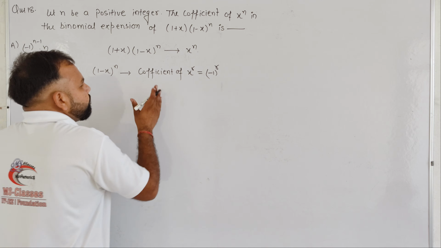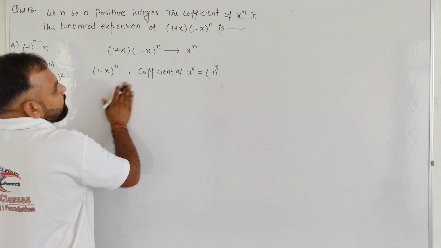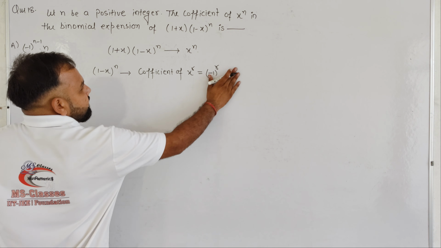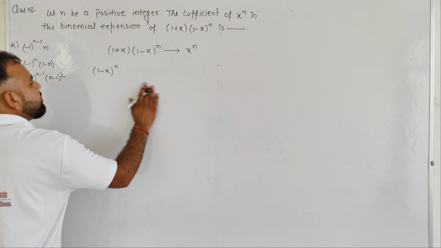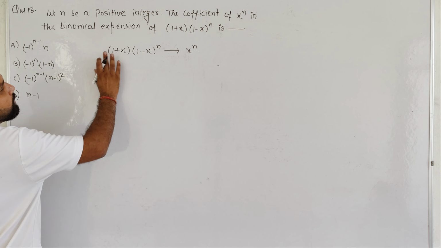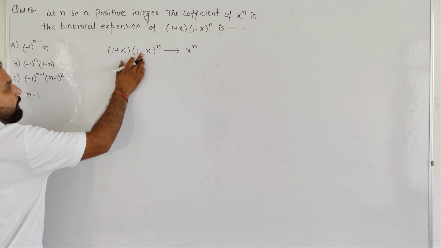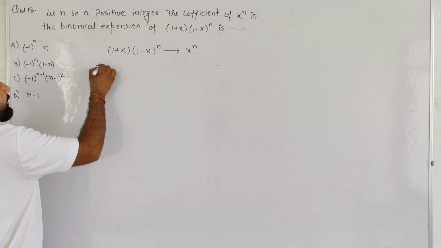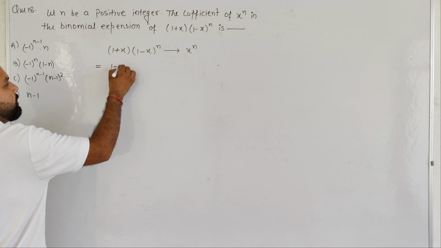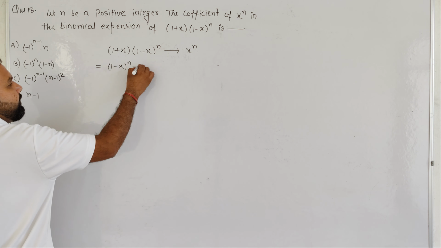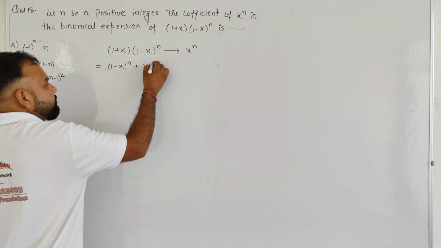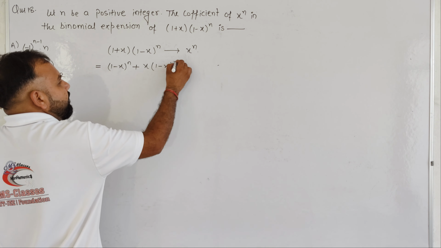And if you don't know the concept behind this, we will generalize these things. So student, basically we want to find the coefficient of x to the power n. First of all, I am going to multiply this thing. 1 multiplied by this one becomes (1 minus x) to the power n. If you multiply x inside this one, it becomes x(1 minus x) to the power n.